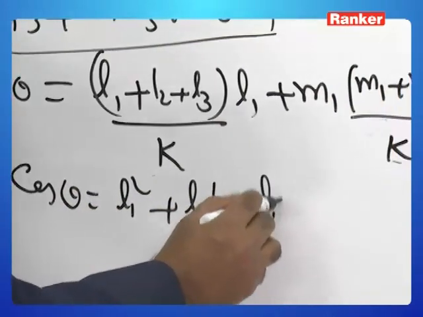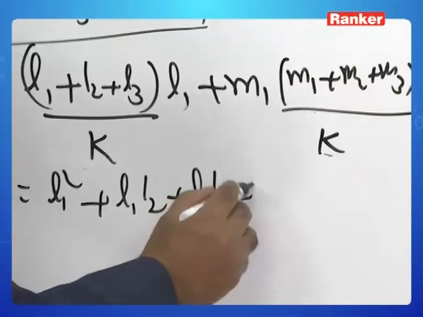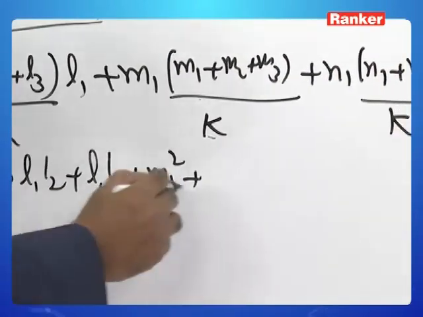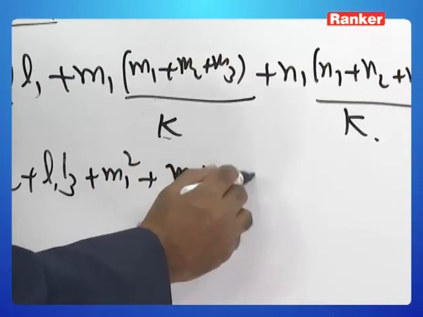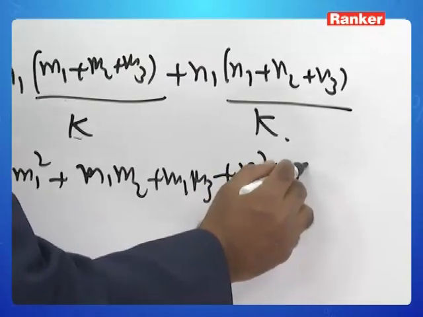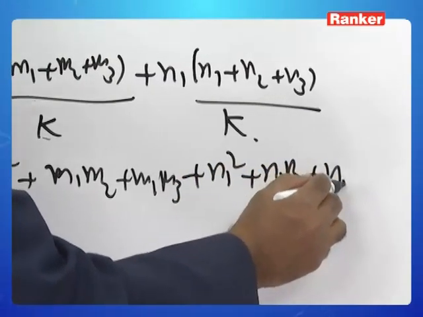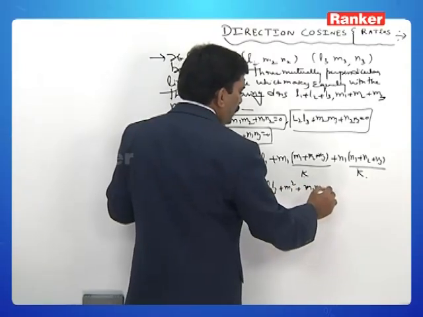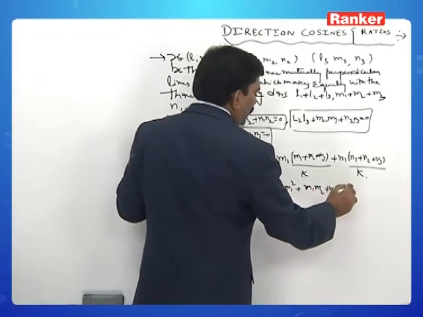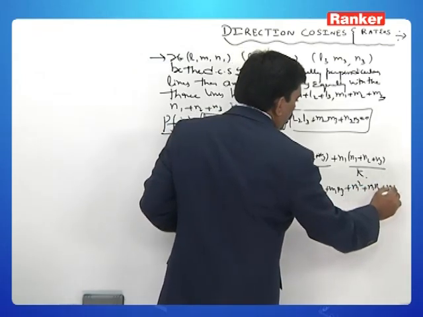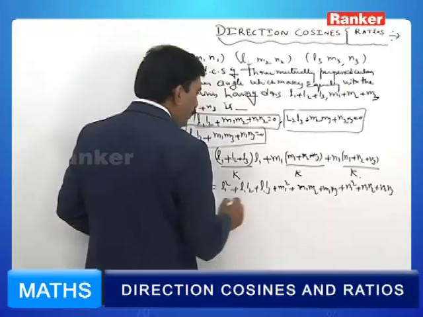But before doing this, I can write cos theta is equal to l1 square plus l1 l2 plus l1 l3, m1 square plus m1 m2 plus m1 m3, n1 square plus n1 n2 plus n1 n3, whole divided by k.